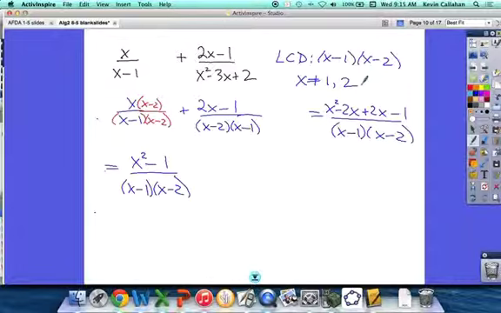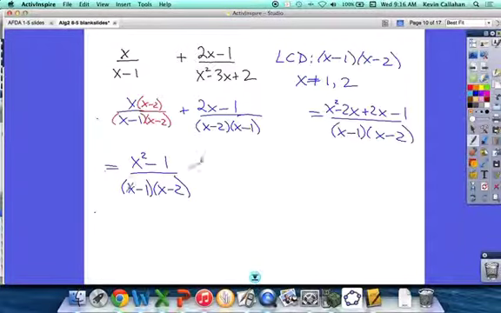simplify. And this is actually one that we're going to have to simplify. You should look at the numerator and say, oh, that's a difference of squares. How does that factor? X plus 1 times x minus 1. Well, guess what? There's an x minus 1 in the denominator, so it is going to simplify.